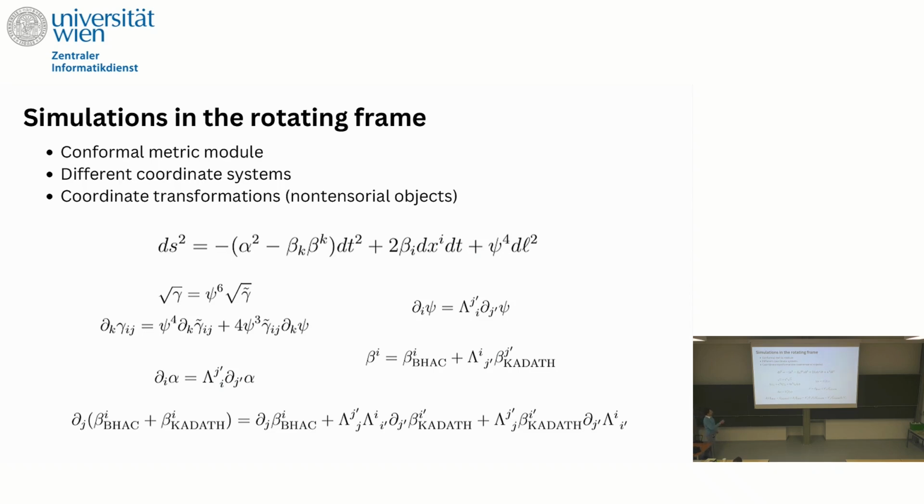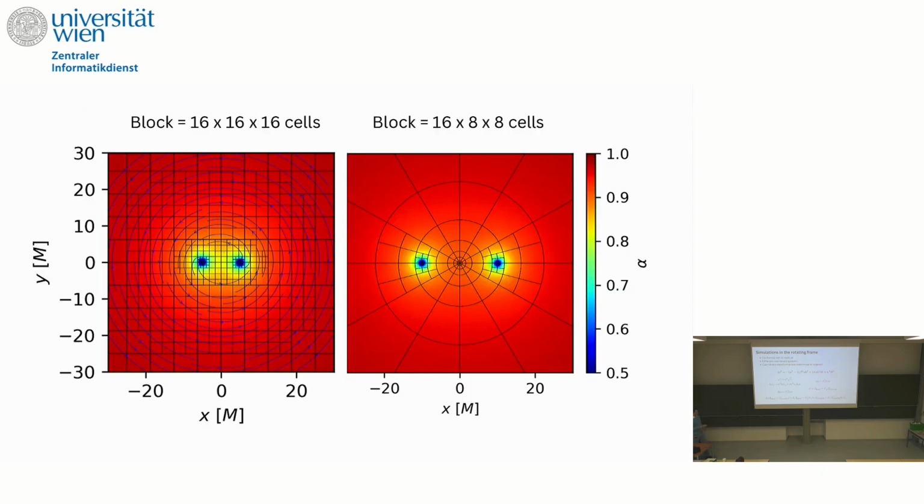This is a bit tricky, because if we want to transform the spatial derivatives to derivatives in the BHAC coordinates, we have to perform a non-tensorial transformation, because the derivatives of the shift are not tensors themselves; they are just partial derivatives, not covariant derivatives. This is just a technical step. We do this, and then everything is good.